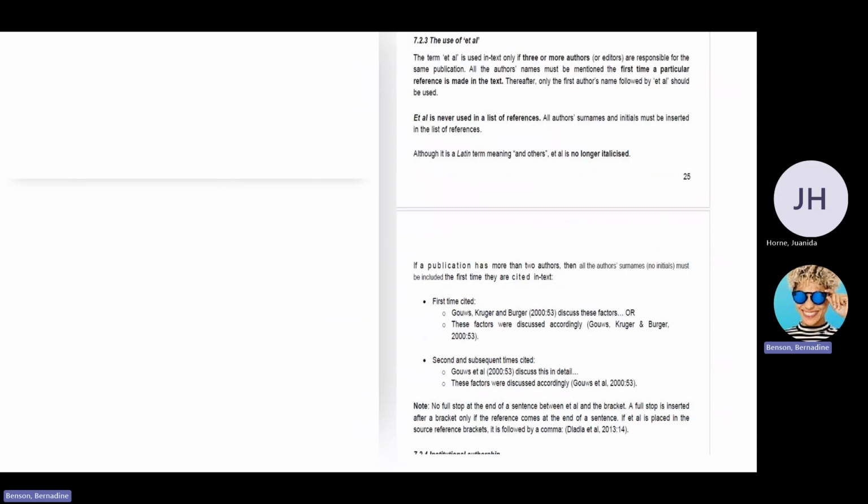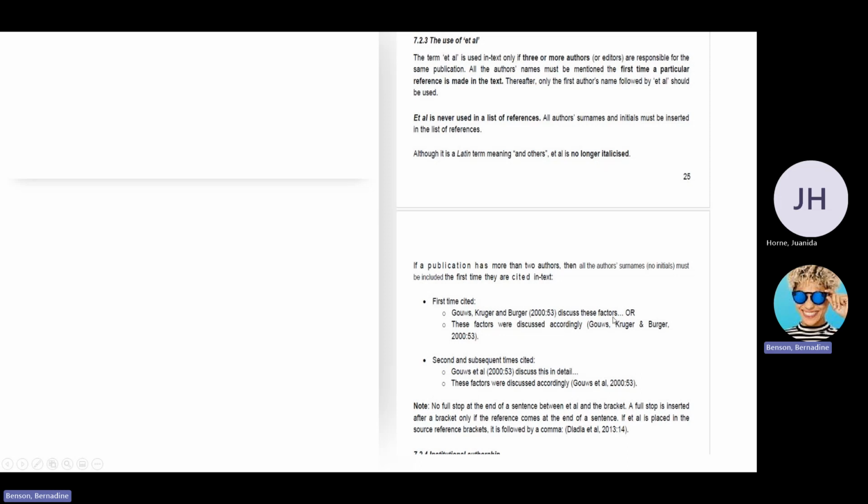The use of et al. Where you have three or more authors or editors for the same publication, it's important that the first time you mention them, all of the authors are mentioned. So, for example, if you look at the example at the bottom here, Gous, Creer, and Burger, with a date in the brackets, discuss these three factors.